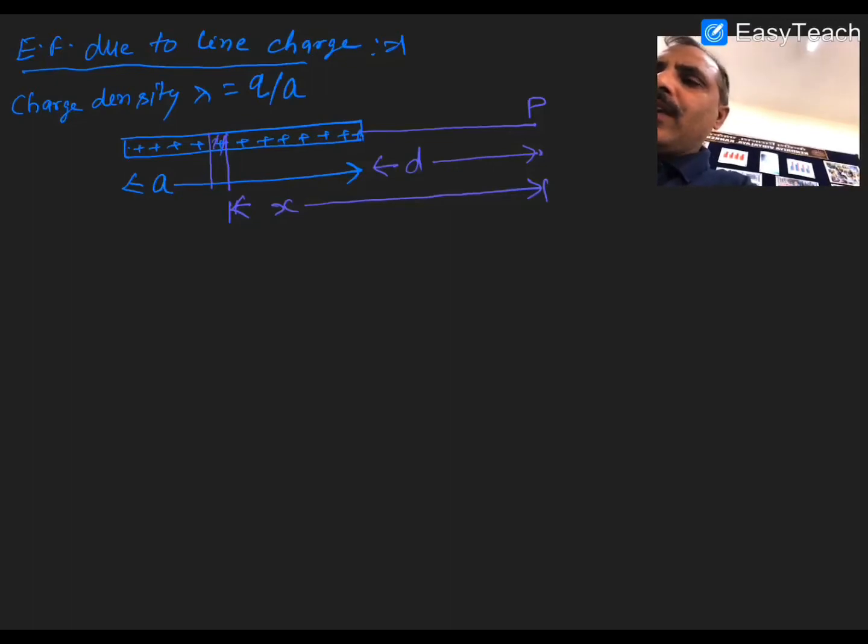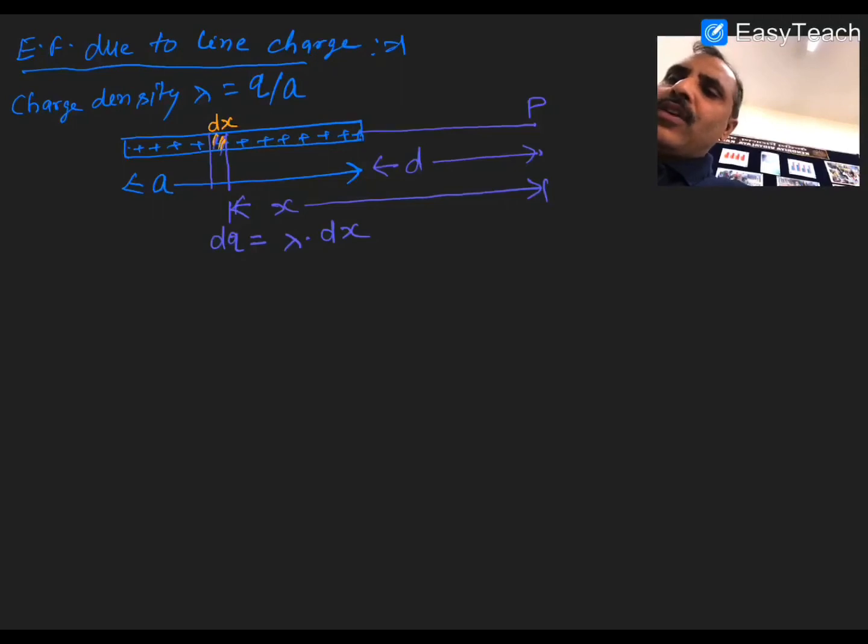The charge on this small element is dq, and dq is equal to lambda into dx. dx is the length of the small element, and dq is equal to the charge density lambda into the length dx.